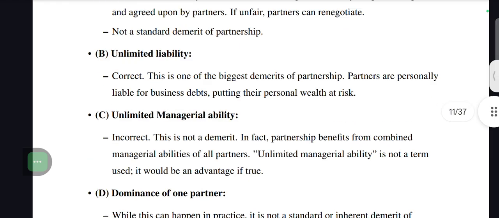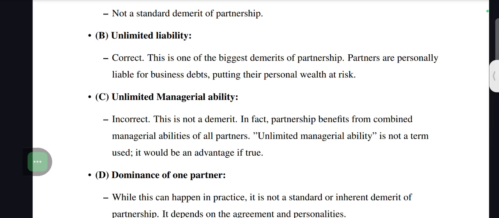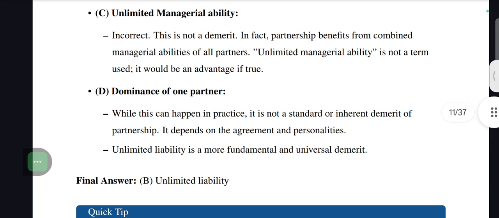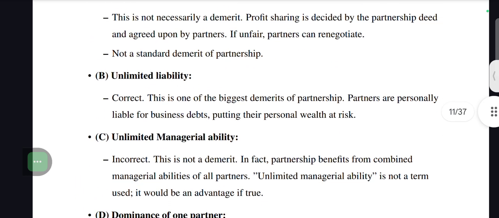Unlimited managerial ability means the partnership benefits from the combined managerial abilities of all the partners. Unlimited ability is not the term used. It is an advantage, both partners are getting the advantage. Whereas dominance of one partner, while this can happen in practice, is not a standard or good thing in the partnership firm. It depends on the agreements they have made. So therefore, the correct option is option B, unlimited liability.